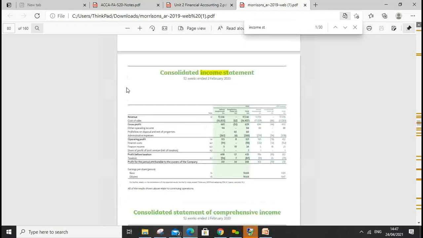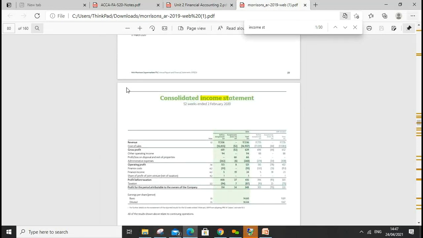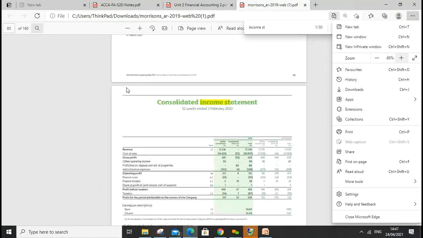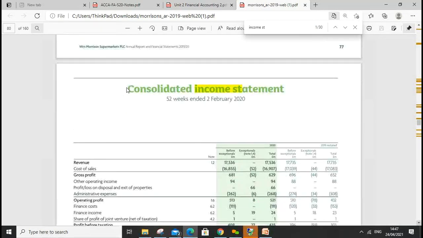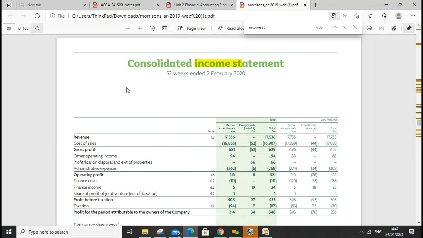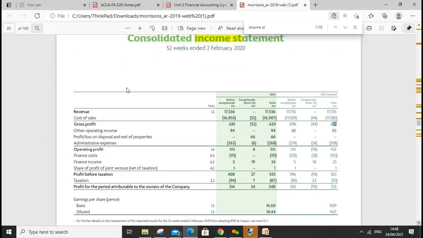We can look around the Morrison consolidated financial statements. The company has so many subsidiary companies. We've been given the cost of sales, revenue, and gross profit. For the year 2020 the gross profit was 681 million, and last year it was 652 million, so it went up overall.